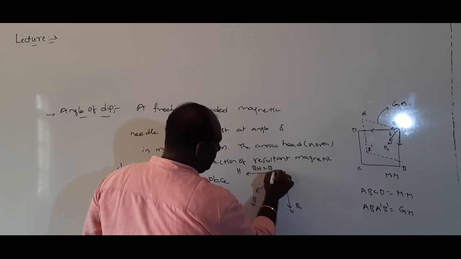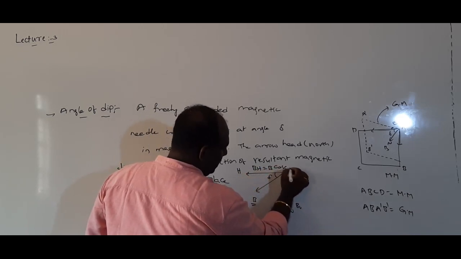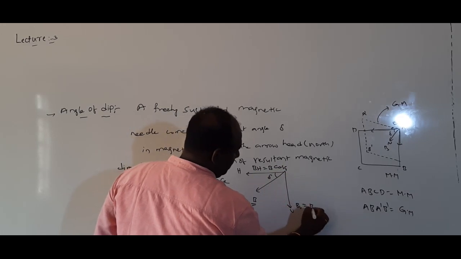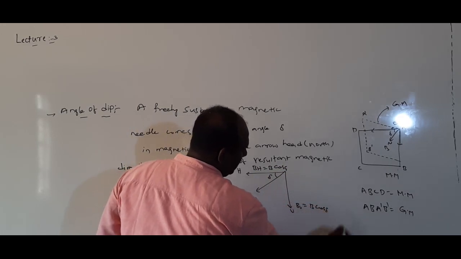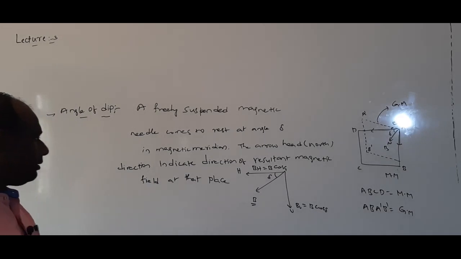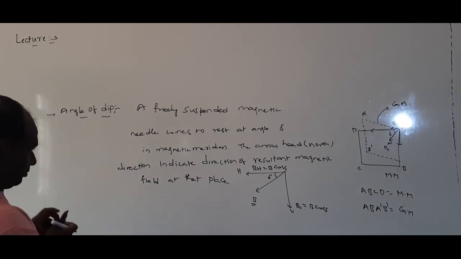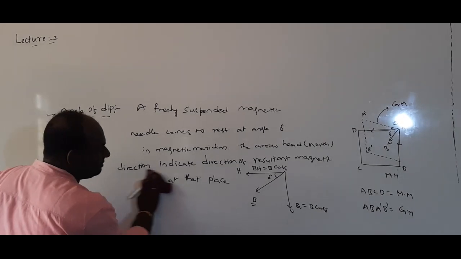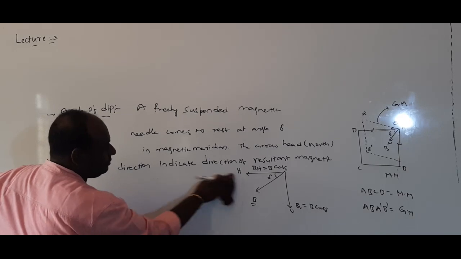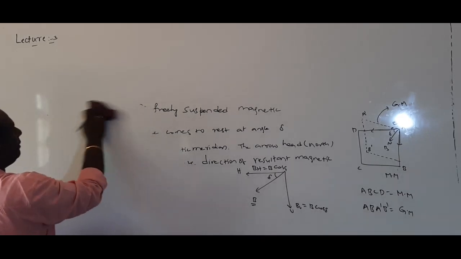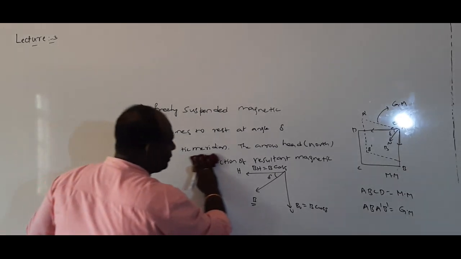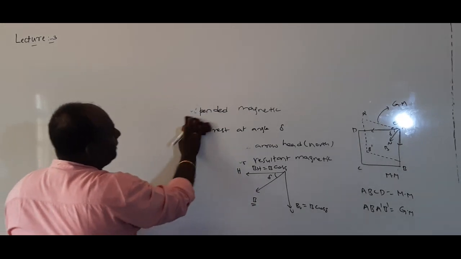So BH is equal to B cos delta, BV is equal to B sin delta. The horizontal component of resultant magnetic field at a particular place gives the horizontal magnetic field. BH is the component of resultant magnetic field along the horizontal direction. I will write.